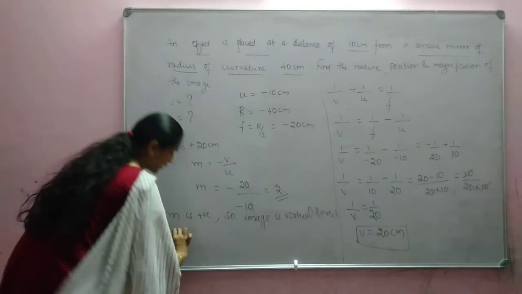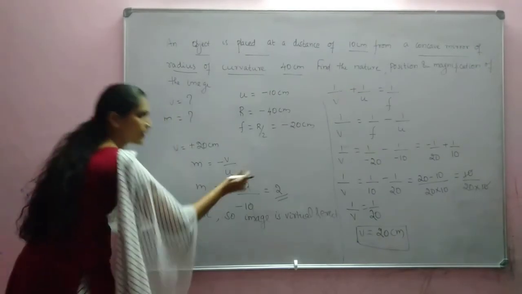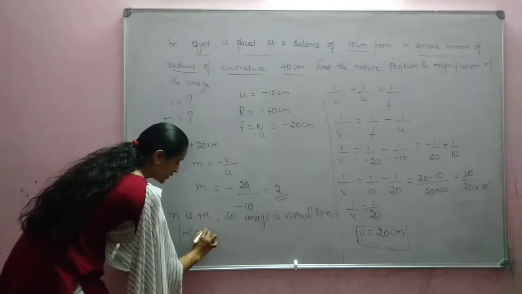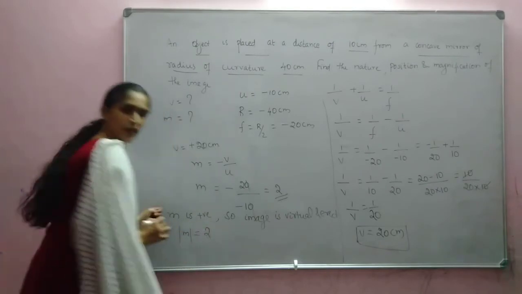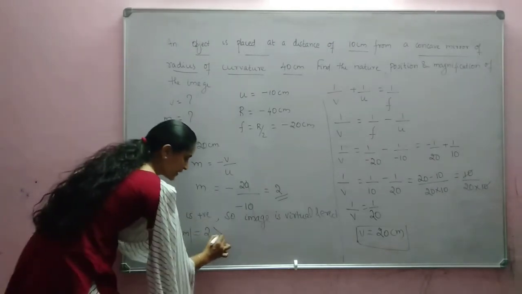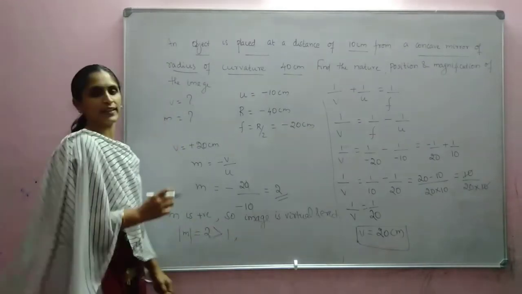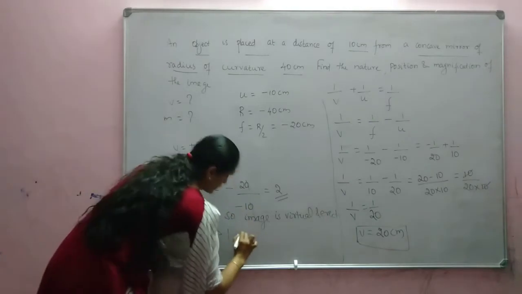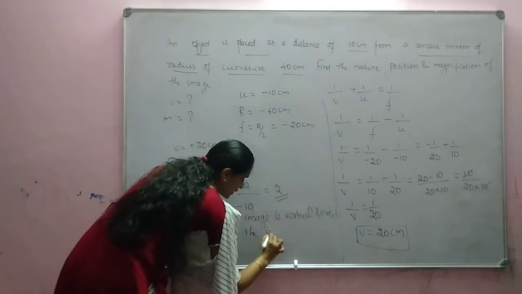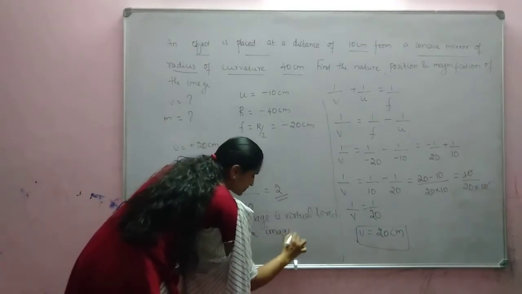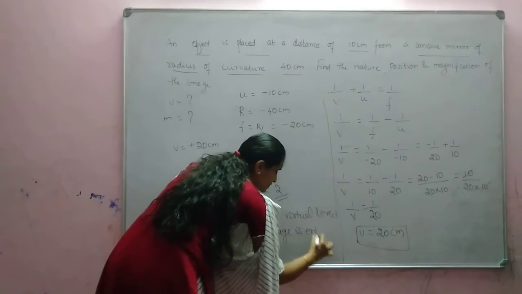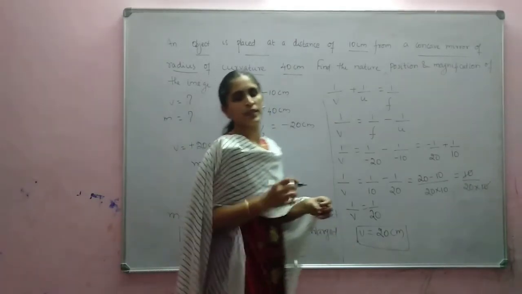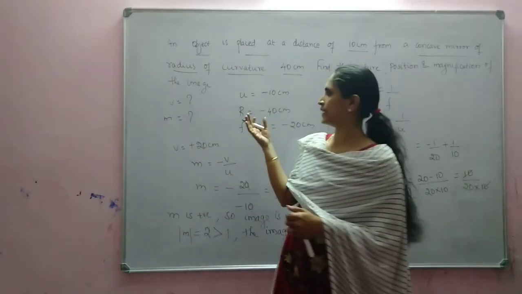And the magnitude of m, since it is a positive value, no need to worry. The modulus of m is 2, which is greater than 1. So what can we conclude? We can conclude that the image is enlarged. Okay, is it clear? And now we'll discuss the next problem.